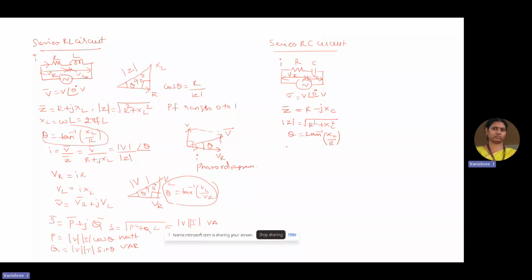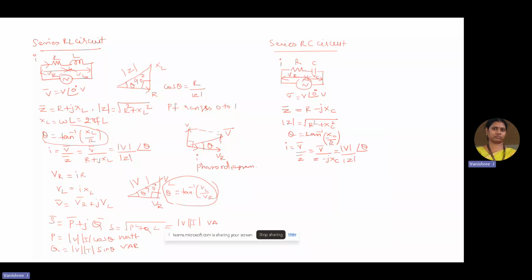So I is equal to V divided by Z, where Z is R minus JXC, which is equivalent to modulus of V divided by modulus of Z with an angle theta.